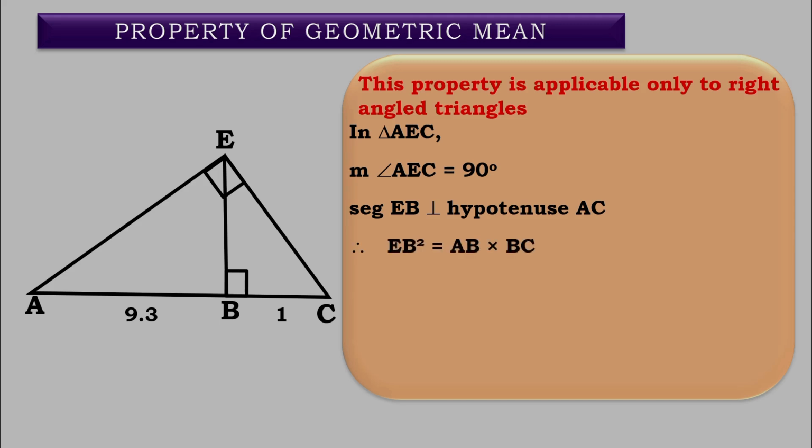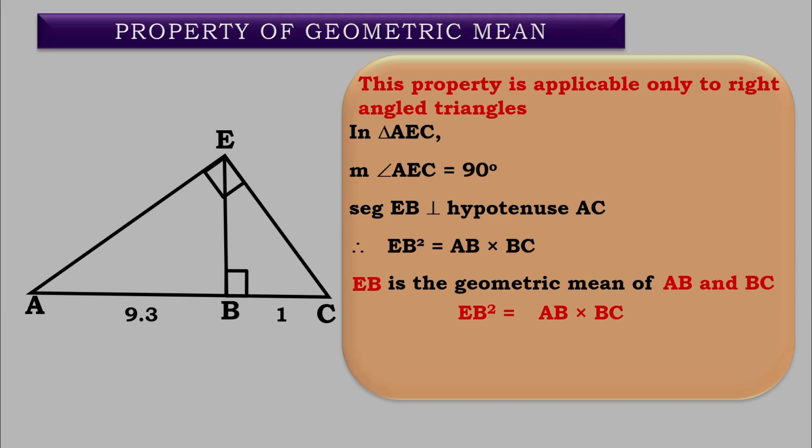So we can say that EB square equal to AB into BC. So EB is the geometric mean of AB and BC.